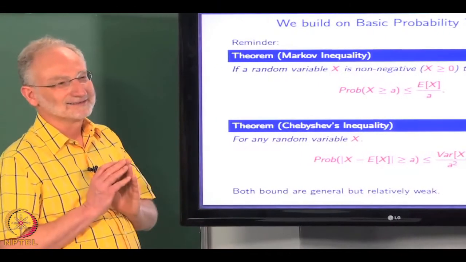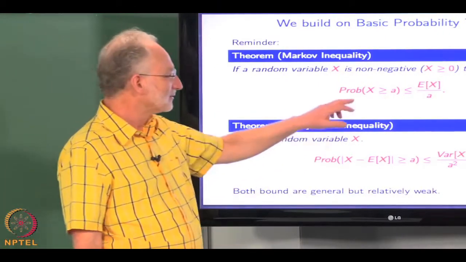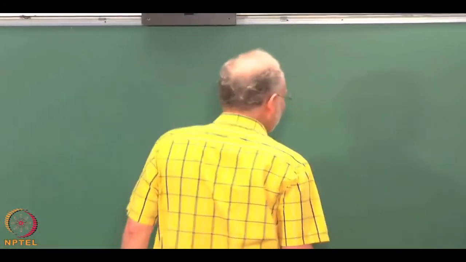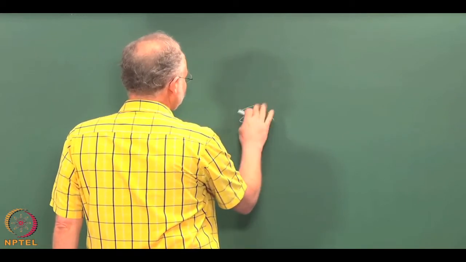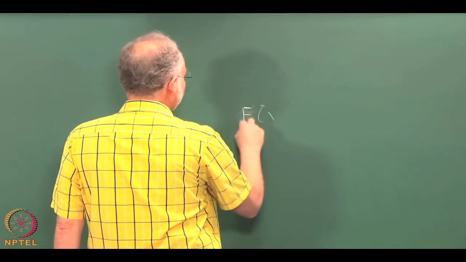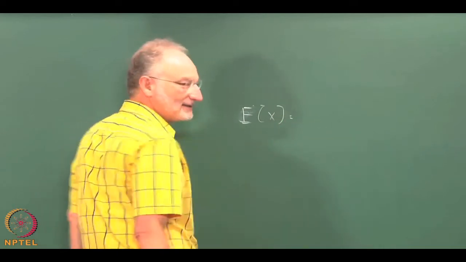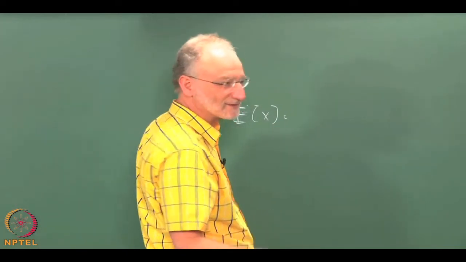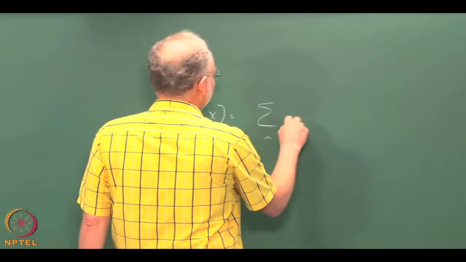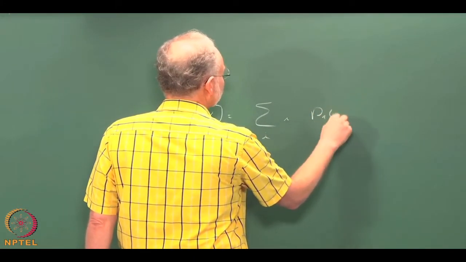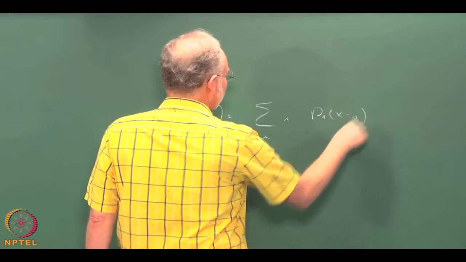And it's really trivial to prove if you think about the expectation of x. Let's assume that it's a discrete random variable, so that's the sum over i of i times the probability that x equals i.